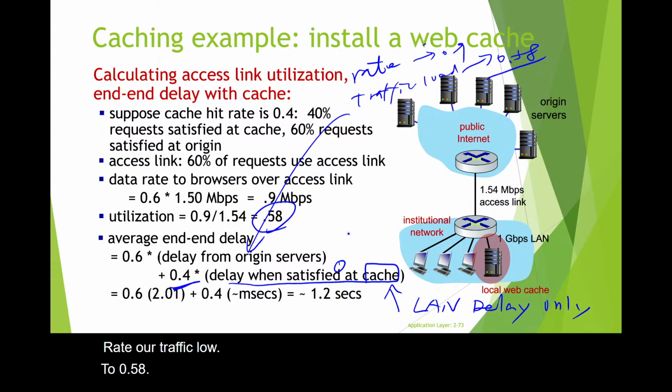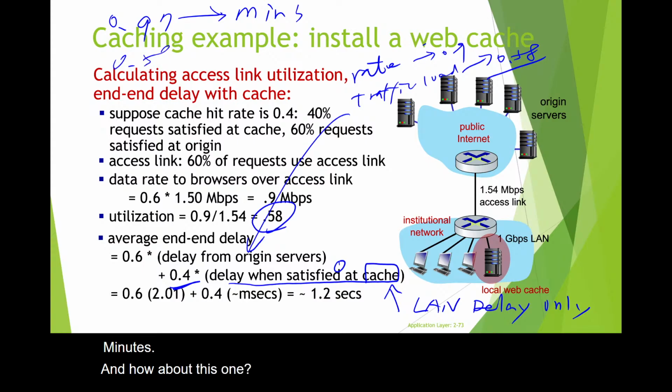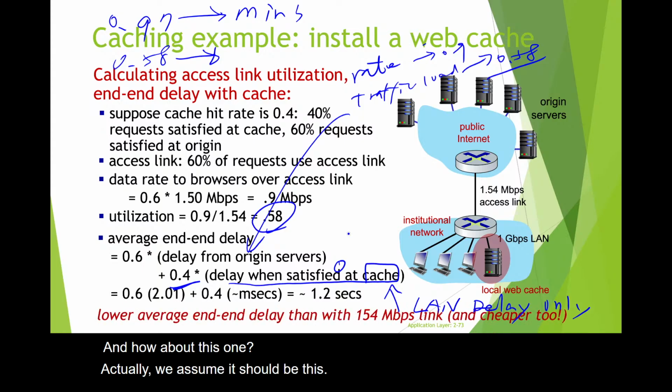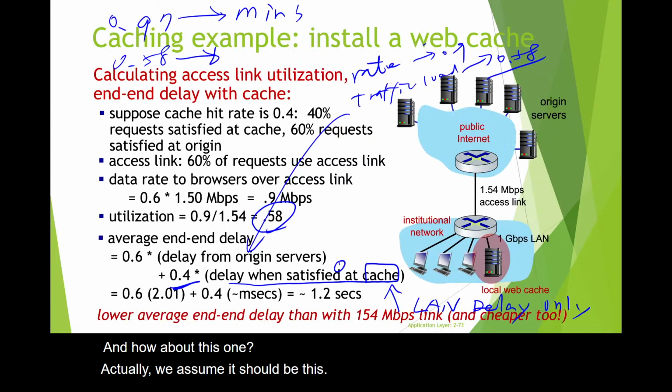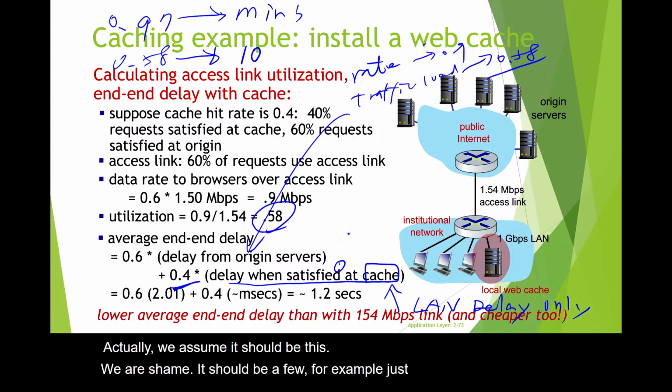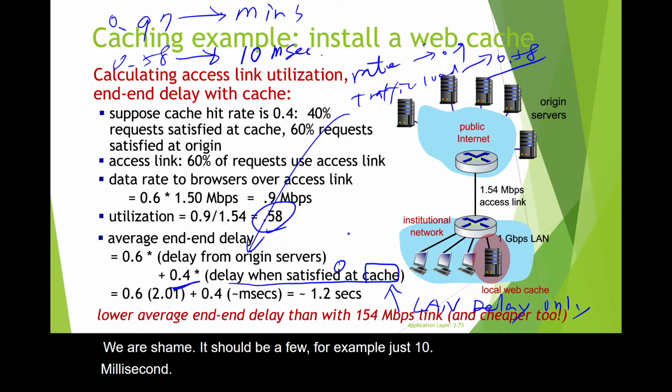So what is the delay for 0.58? Previously, we assumed 0.95 is minutes. And how about this one? Actually, we assume it should be a few, for example, just 10 milliseconds. Well, from 1 millisecond to the current one, so this is an assumption.